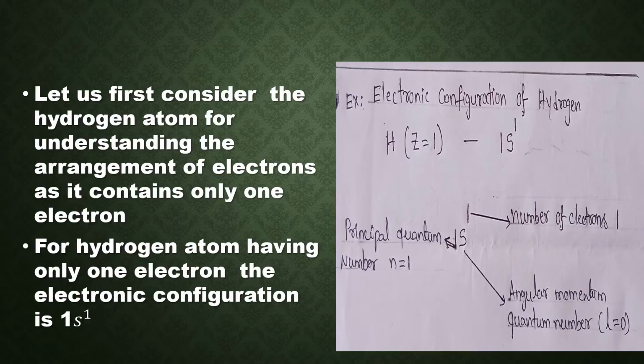For hydrogen, the electronic configuration is 1s¹. In 1s¹ notation, the first 1 represents principal quantum number n equals 1. Superscript 1 denotes the number of electrons. For s orbital, angular momentum quantum number l equals 0.